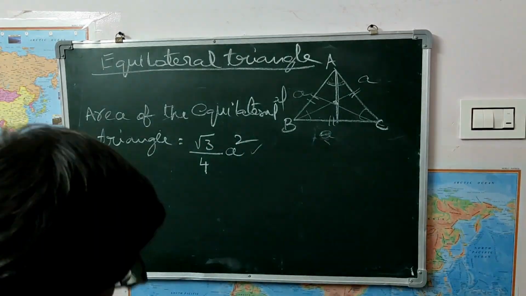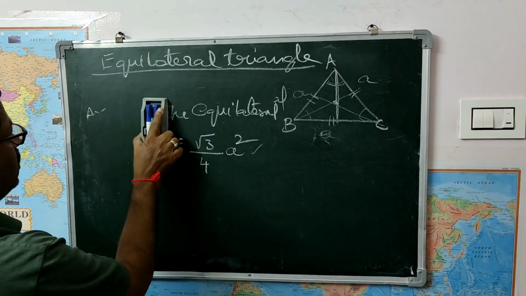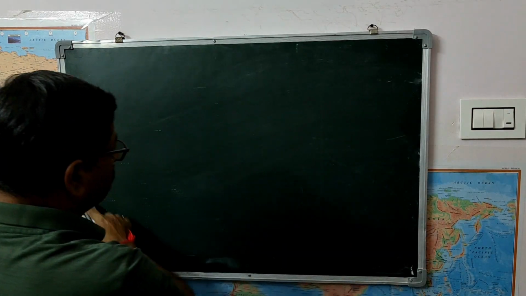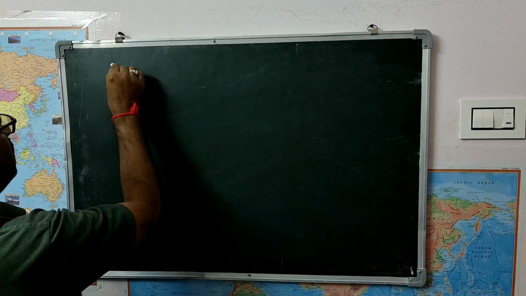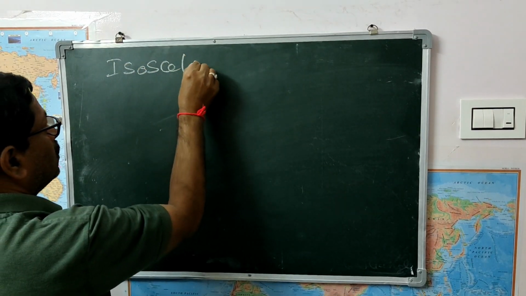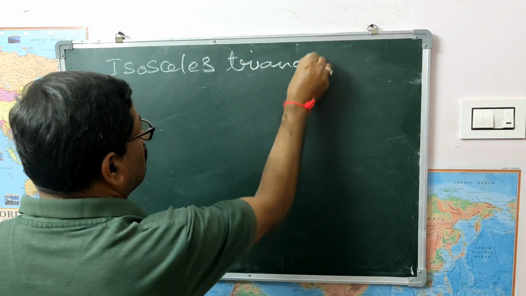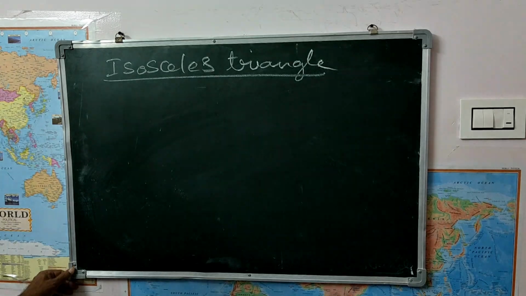And now let us see the second type of triangle. The second one, as I said, is isosceles. What is an isosceles triangle?